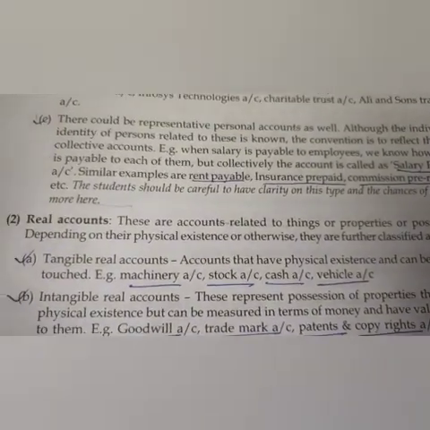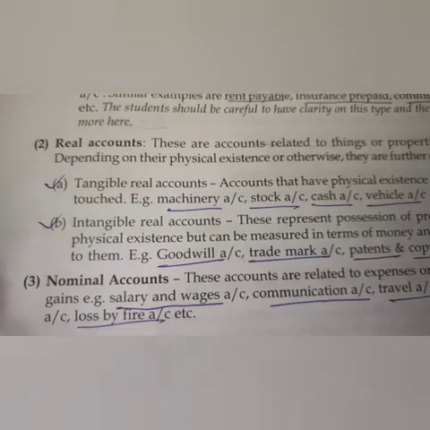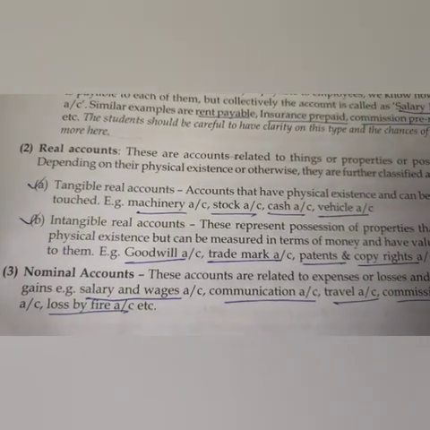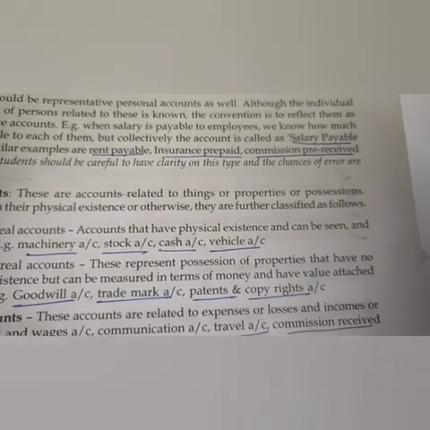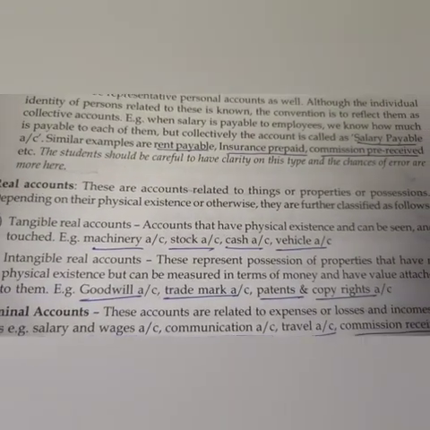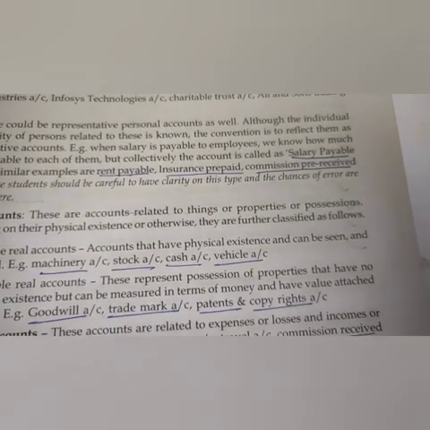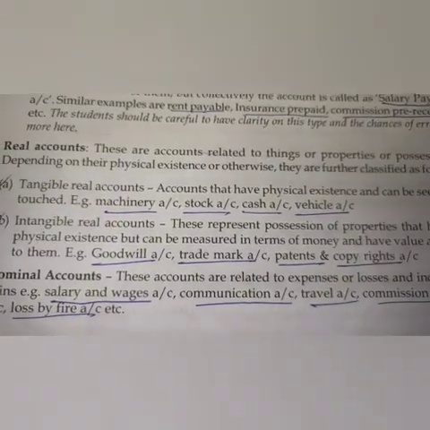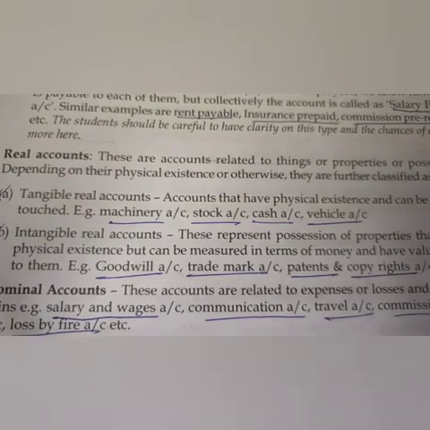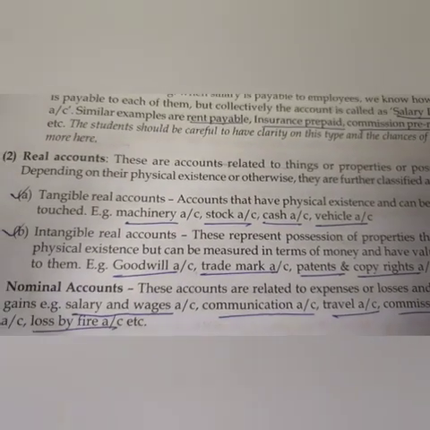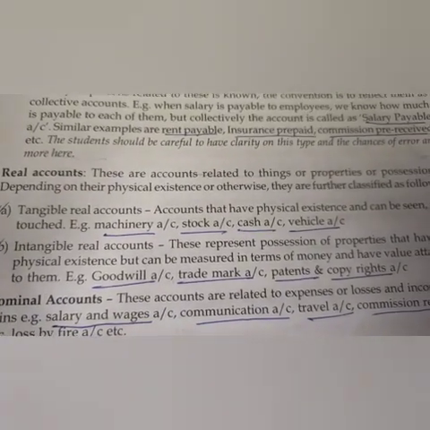Let us see whether it comes under the real account. Real accounts are related to things, property or possessions, depending on their physical existence, and are further classified as tangible and intangible. Furniture is a physical object which can be seen, so it comes under the tangible real account.